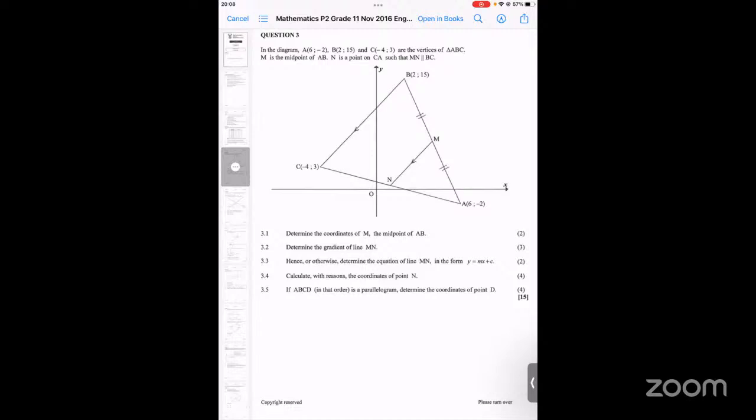And now they say hence or otherwise, determine the equation of line MN in the form y is equal to mx plus c. Because it's given 2 marks, it shouldn't be an issue as well. You just need to remember that every time when you calculate something, rather write it there with a pencil to remind yourself of what you've calculated.